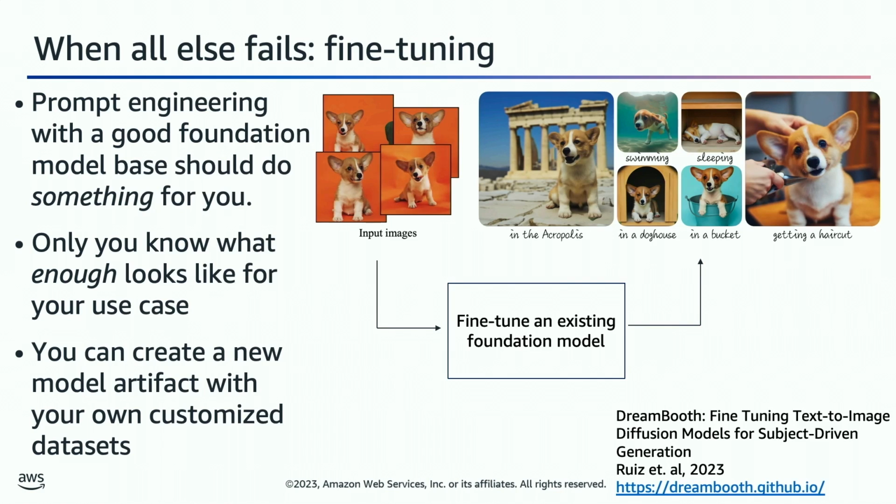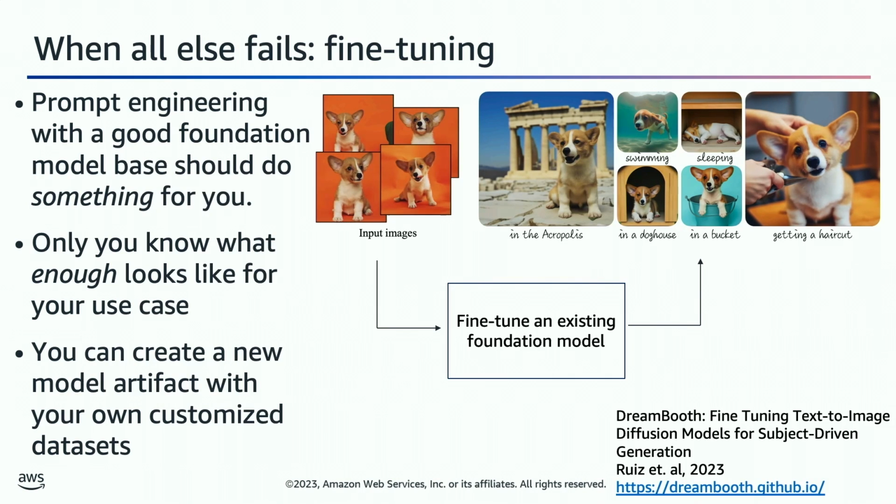When all else fails, so once you've exhausted the prompting, once you've actually tried your zero shot, your instruction fine tuning, your few shot, single shot, all the shots, you've tried all of this, then fine tuning is going to be a good place to start. So prompt engineering is with a good foundation-based model.